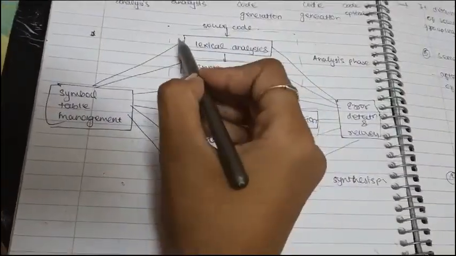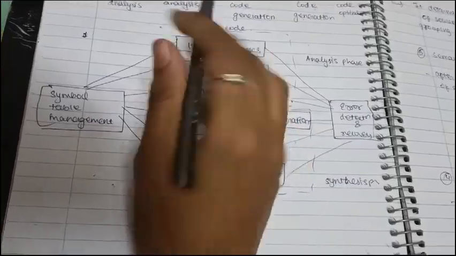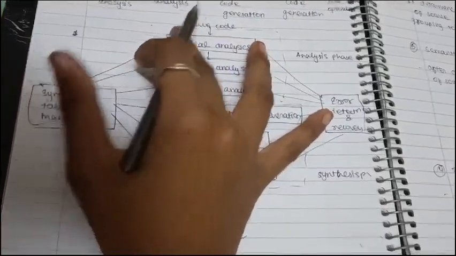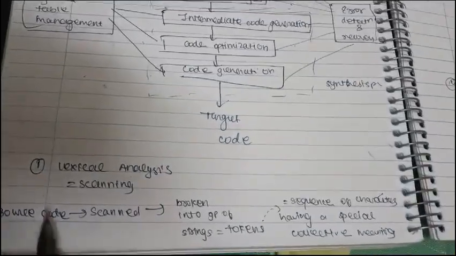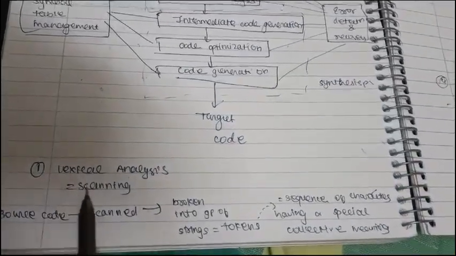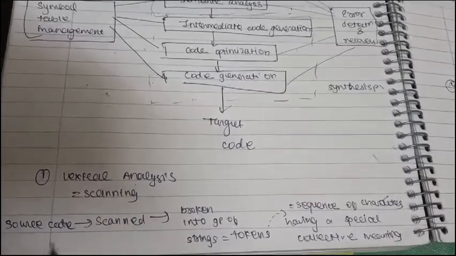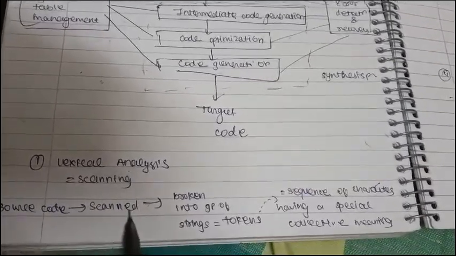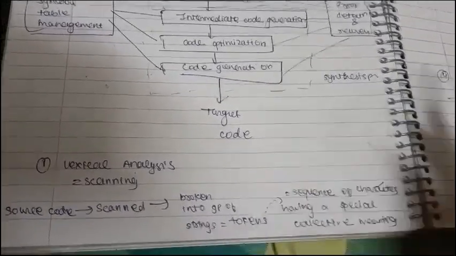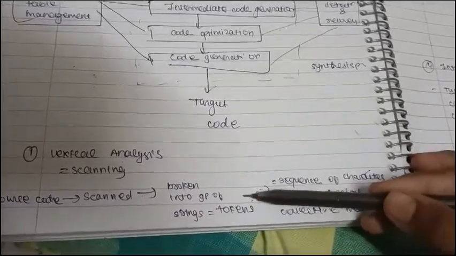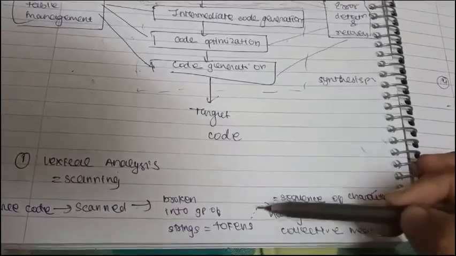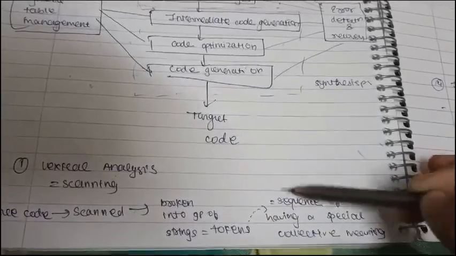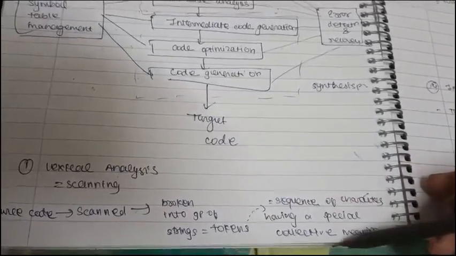Starting with the first phase of this compilation process, that is lexical analysis. Lexical analysis is also known as scanning, where the entire source code is scanned and broken down into groups of strings, which we call tokens. Now what actually are tokens? Tokens are sequences of characters which have a special collective meaning.